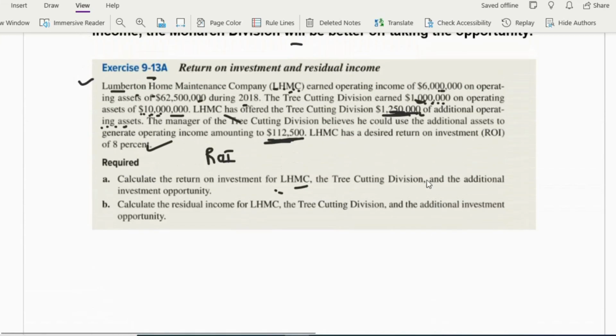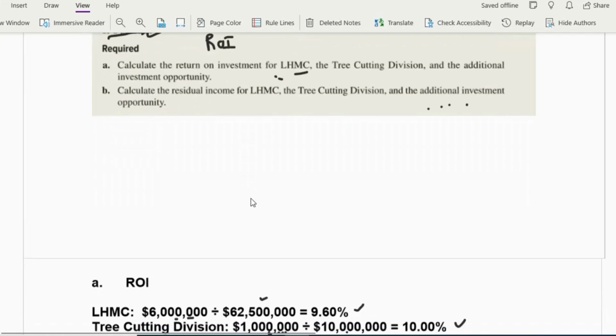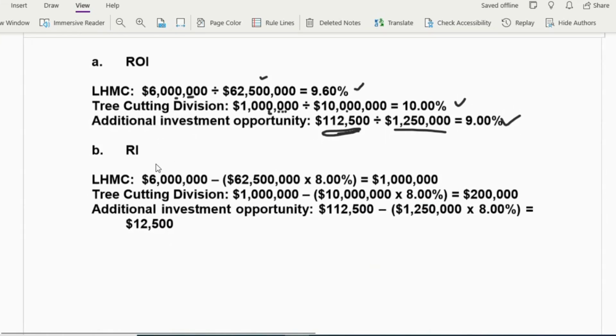Second one is to calculate the residual income for LHMC, the tree cutting division, and the additional investment opportunity. Now we have the desired rate of return as well. So let's use the formula. Your operating income minus desired operating income. How do you calculate desired operating income?